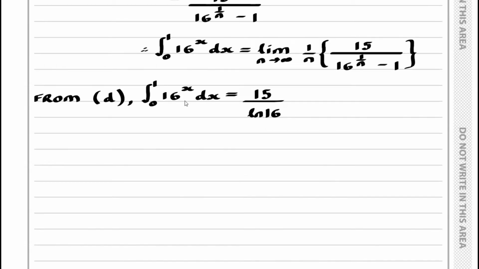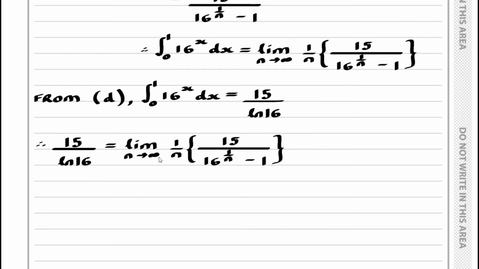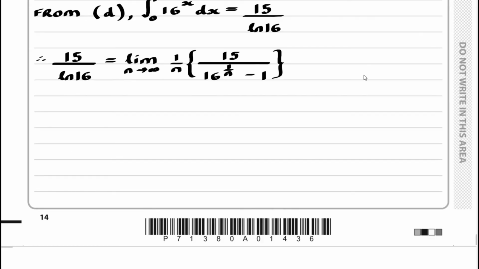Now in part D we found that the integral of 16^x with respect to x between 0 and 1 is equal to 15 over the natural log of 16. If we set these equal to each other, we've got 15 over the natural log of 16 equaling the limit as n tends towards infinity of 1 over n multiplied by 15 over (16^(1/n) subtract 1).